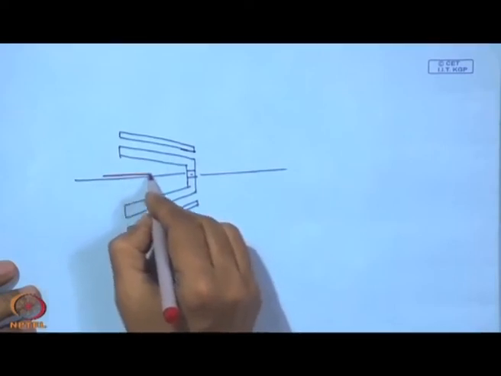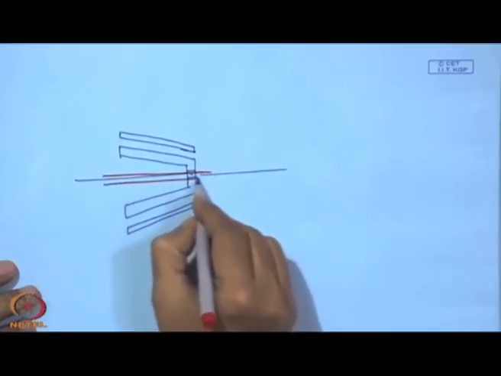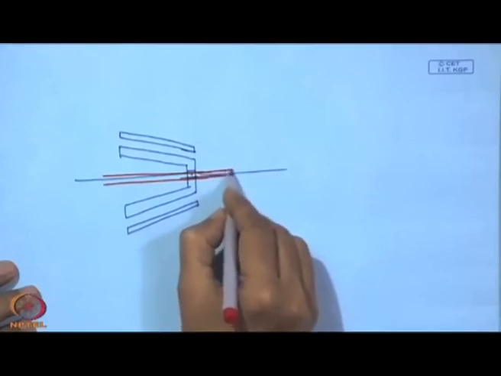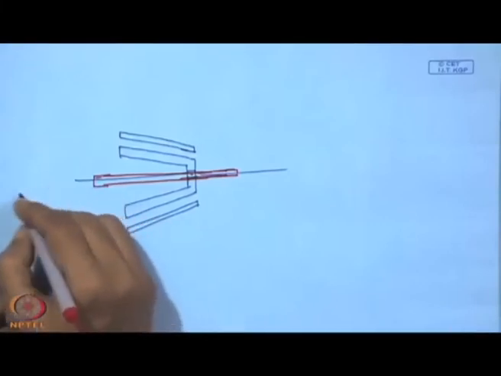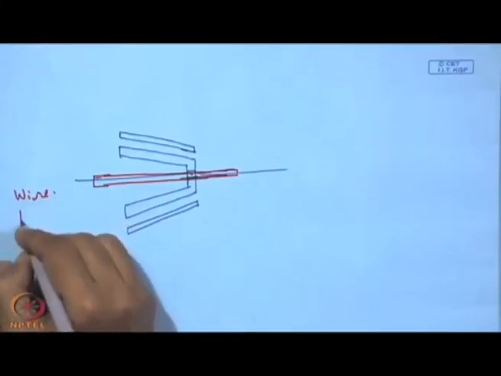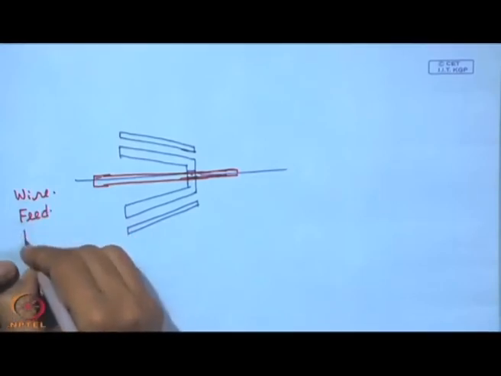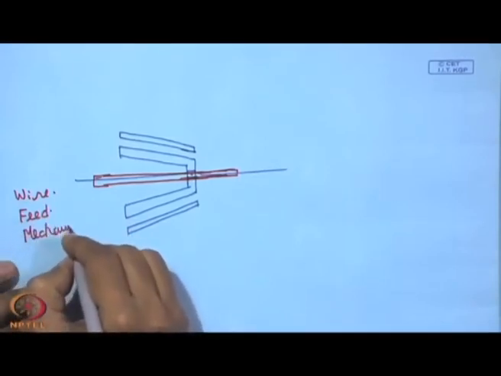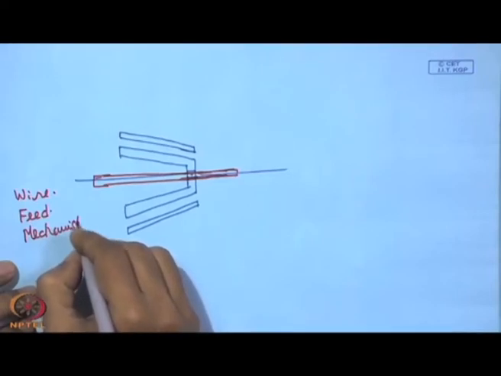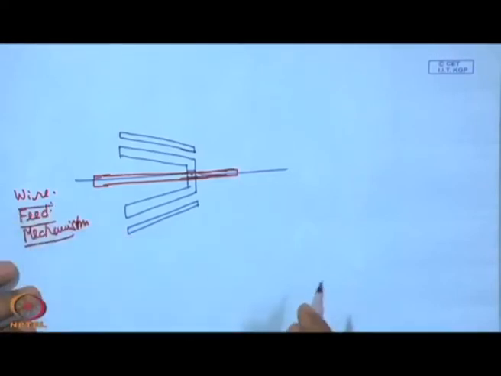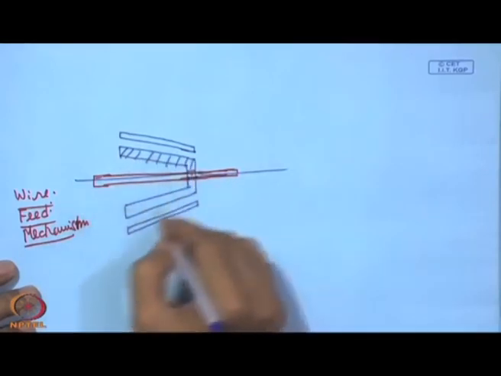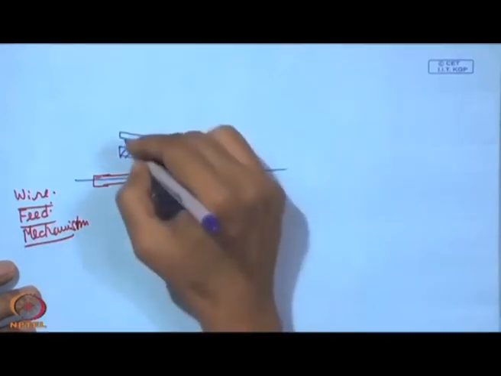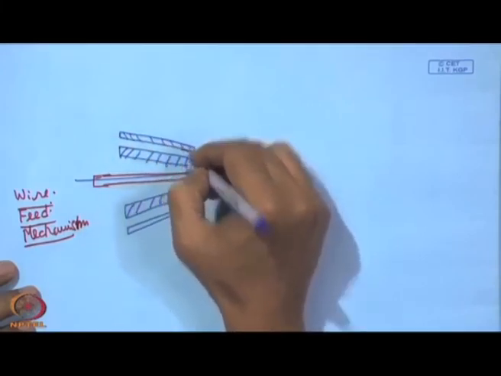So, this is going to be the wire, and this side we have the wire feeding mechanism. Now, this is one annular area, and this is one annular passage.